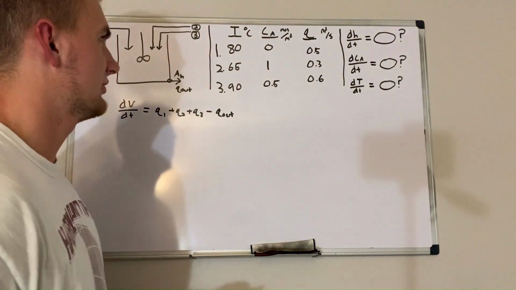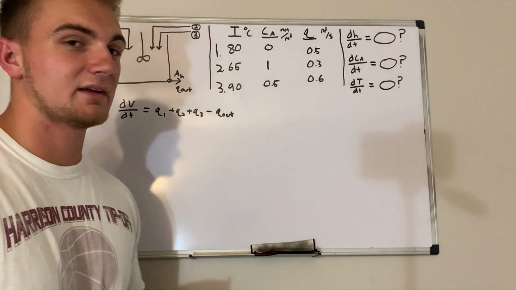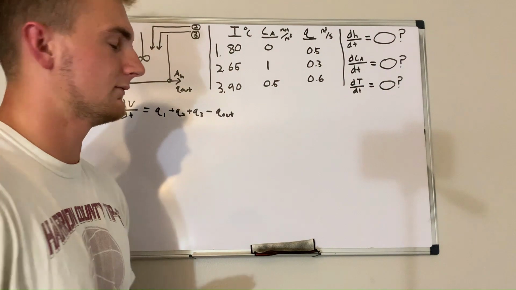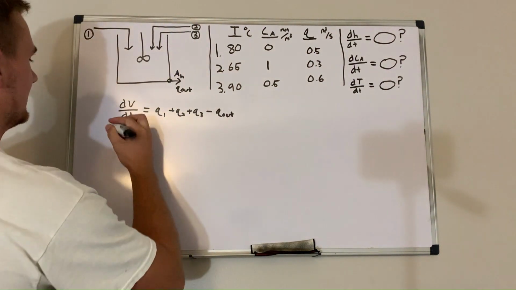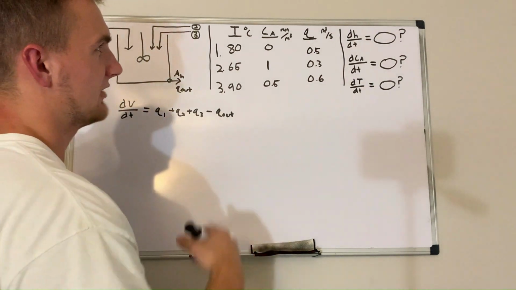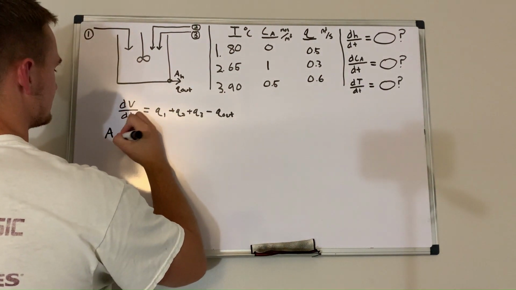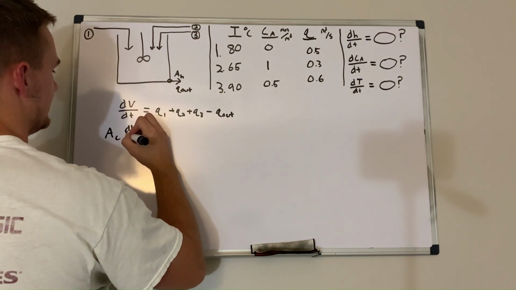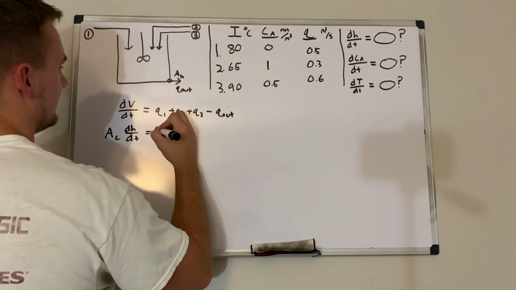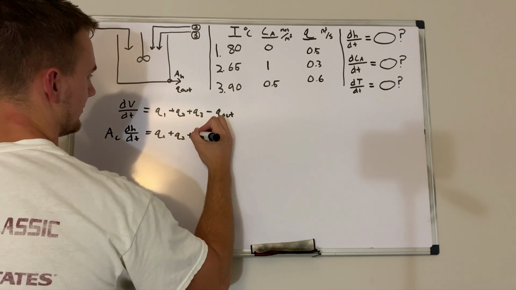The cross-sectional area of the tank times the height is obviously the volume. So we have a constant cross-sectional area because this is continuously stirred, not changing the flow rates or anything like that. So I have AC times dH dt is equal to Q1 plus Q2 plus Q3.